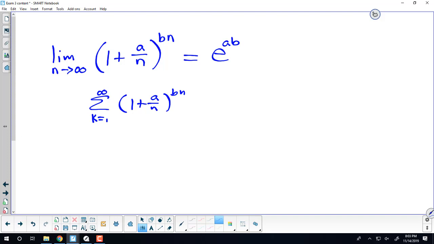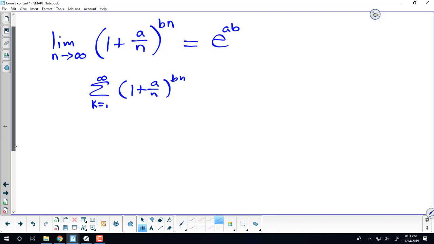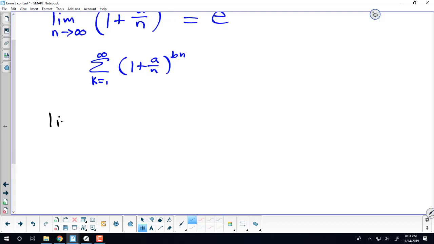There's another limit I ran into where the limit was 1 over e. I think it was something like 1 plus 1 over x plus 1, or x minus 1, to the power of x. I may be remembering this wrong, but I was trying to figure out what the next step was, and then I found out that the next step was just, you should know that limit. And it was just 1 over e.